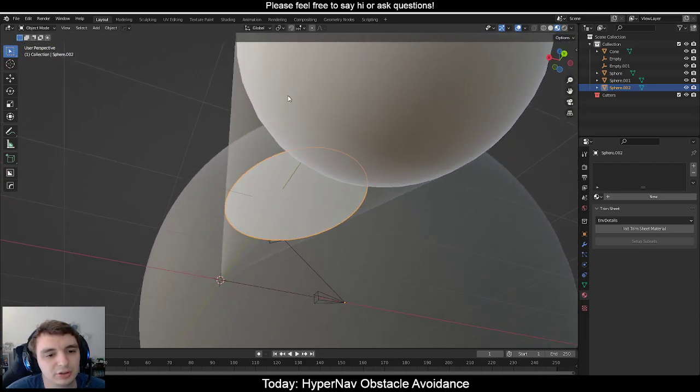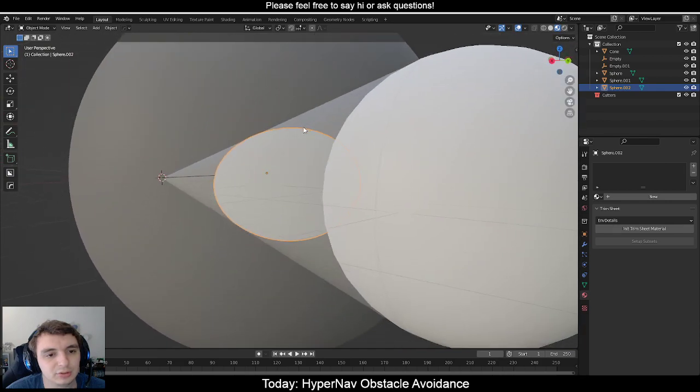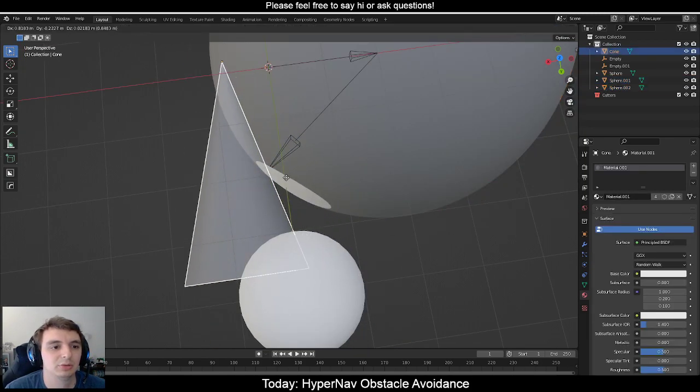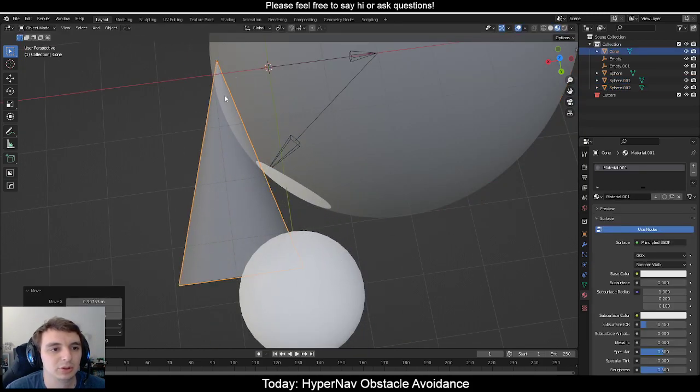I don't think it actually is centered there, but let's just... Yeah, because the more this moves towards the side, the more the axis is going to be basically at the side of this thing.